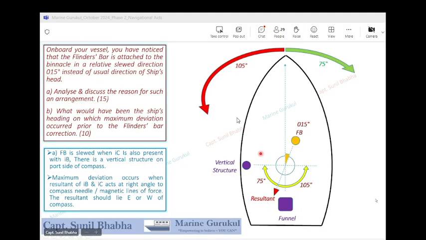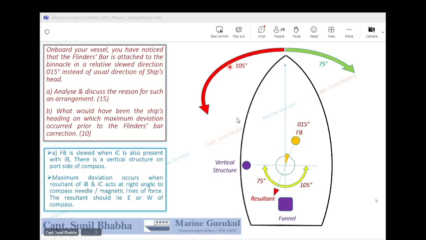And that tells us that if we do an alteration of 105 degrees to port, represented by the red arrow, the resultant would be exactly east of the compass needle, at right angles to the magnetic lines of force, generating maximum deviation.